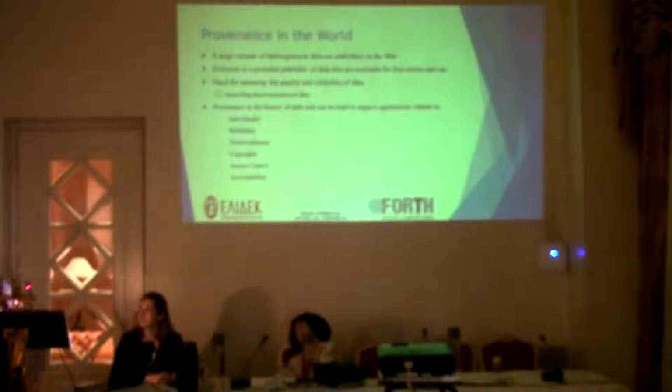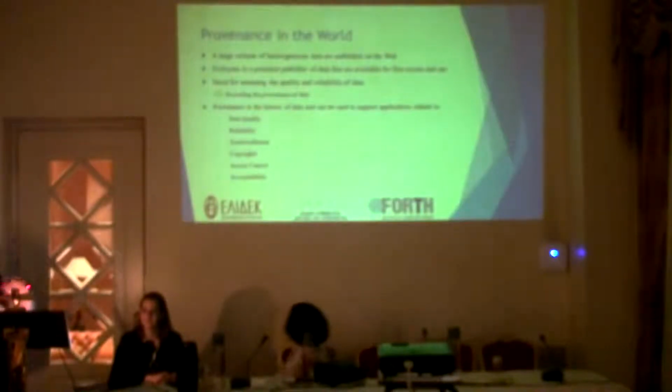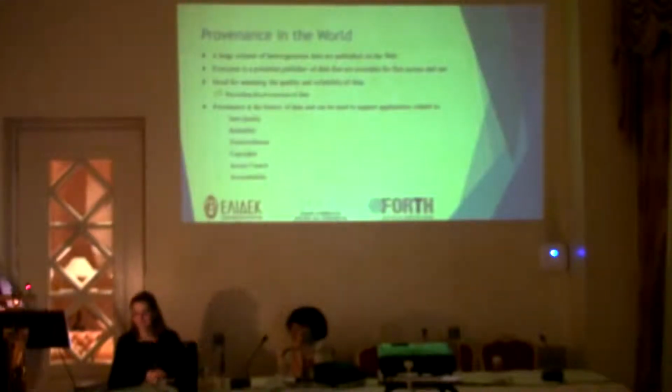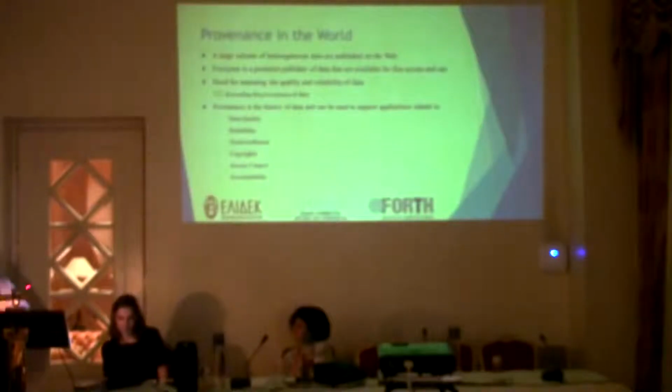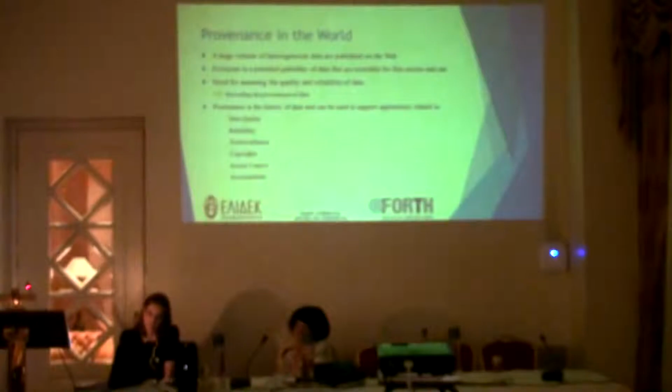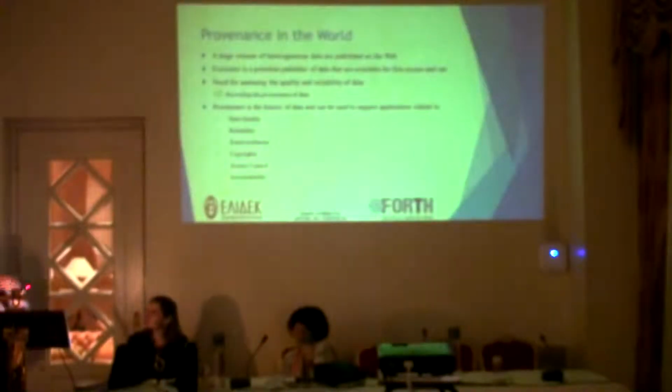As this data comes from several different and uncontrolled sources, we should take for granted the heterogeneity in their format and in their quality. Therefore, there is a great need for evaluating the quality, the trustworthiness, the reliability, and the accountability of such data. In this setting, recording the provenance of data, which means that we record their history and the sources that contributed to generate this data, is of crucial importance.